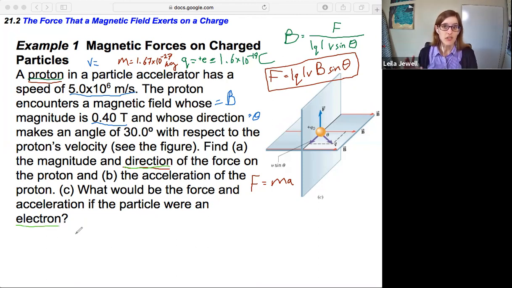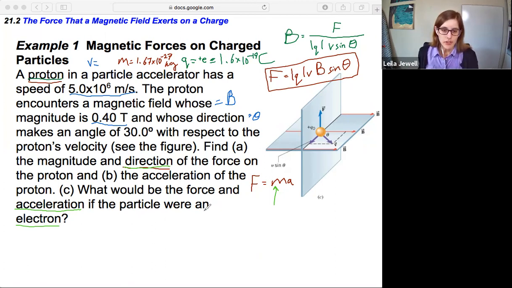The direction is going to need to flip. Anything else that will change? The other bit will be the acceleration, because the mass of the electron is also different. Because it's a much less massive particle, it should be a much larger acceleration if the force magnitude is the same. So that's sounding like a good theoretical overview for this.